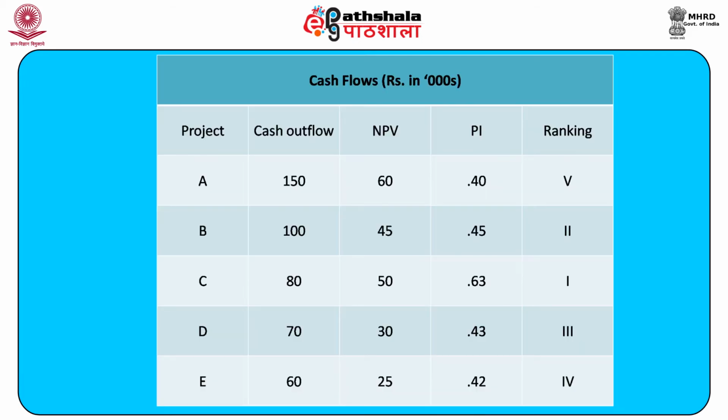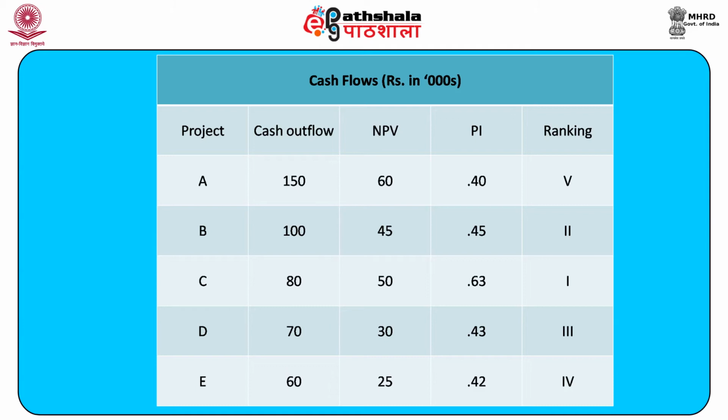Due to the indivisibility of projects, sometimes it is desirable to accept multiple lower ranked smaller projects than a single large project. Let us say a firm is considering the following projects A, B, C, D and E with cash outflows of rupees 1.5 lakh, 1 lakh, 0.8 lakh, 0.7 lakh and 0.6 lakhs respectively.